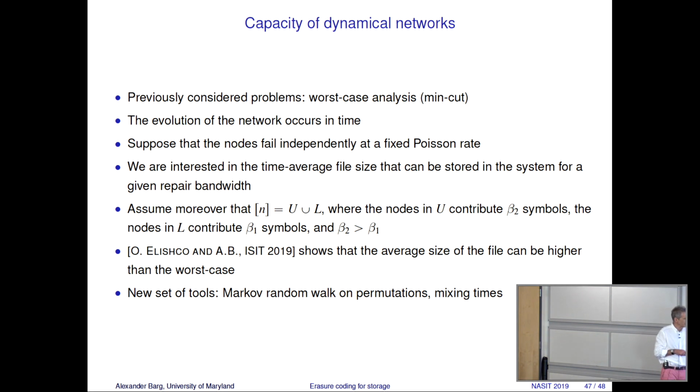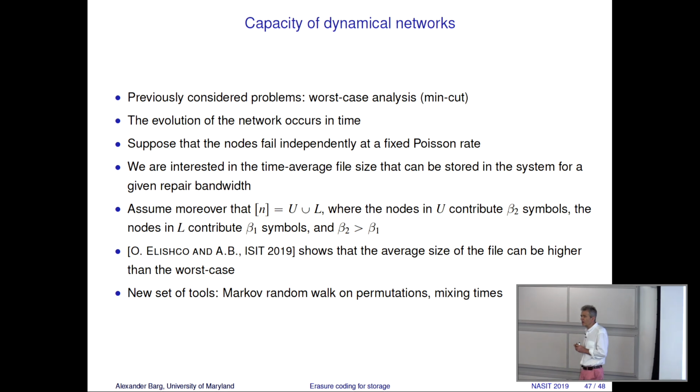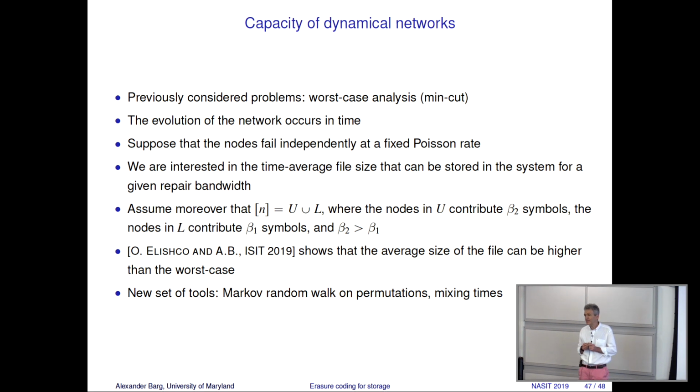There is a completely new set of tools. There is nothing algebraic here. There is a Markov random walk on the permutations of those failed nodes, and there are theorems about the mixing time of Markov chains. So it moves in a different direction, which I found appealing. This is only the first step. Again, many questions here are completely open.